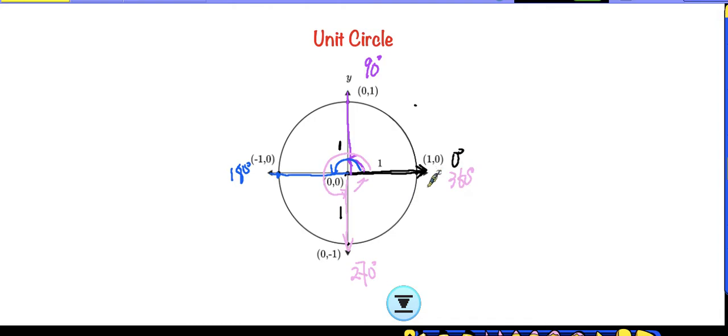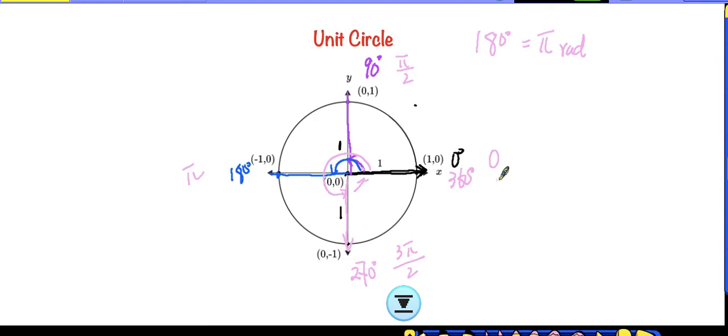But let's use this chance to quickly review what we mentioned before. When we convert angles, we mentioned 180 degrees equals pi radians, right? So 0 degrees is 0 radians, 90 degrees is pi over 2 radians, this is pi radians, and this is 3 pi over 2.